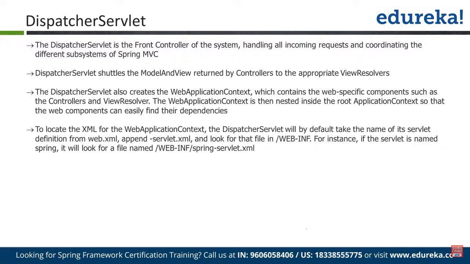So that if any class wants to read from your web application context, now if you see, there are two Spring pools, one under web application context and another under application context. In these two pools, we can have multiple Spring beans, maybe service beans or DAO beans under application context, and controllers and everything under web application context.